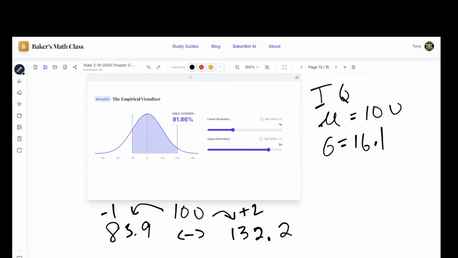So between 83.9 and 132.2, there's about 82% of all the people. And if you went 1 more, you'd be at 148.3. So 3 standard deviations gives you an IQ score of 148 approximately.